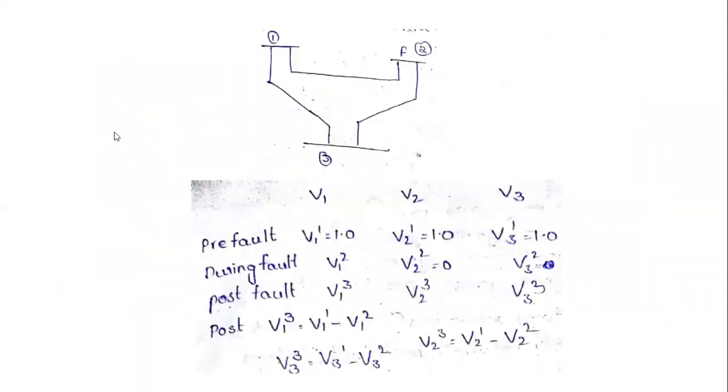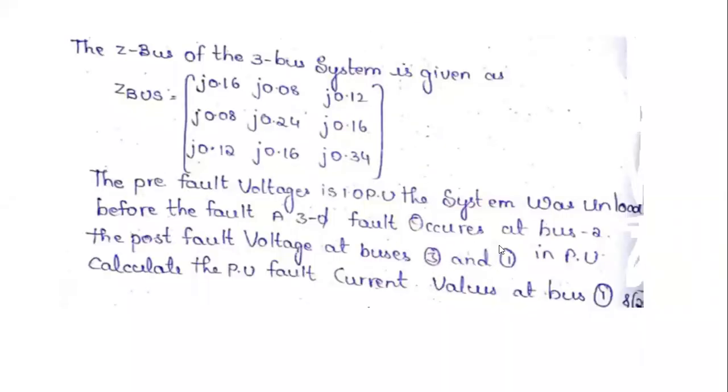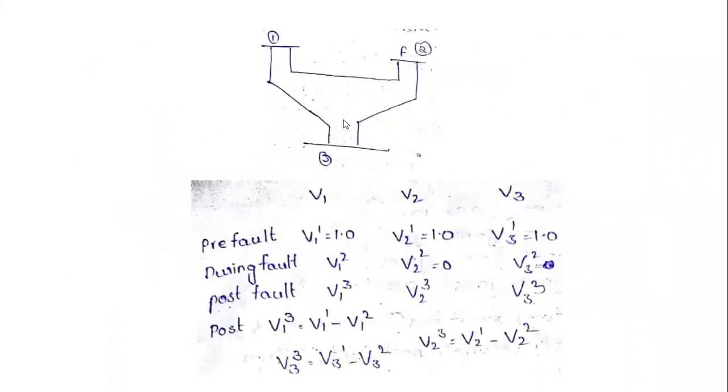Before solving the problem, first we can draw the single line diagram for that system. We have 3 buses, 1, 2, 3, with connections from bus 1 to bus 2 and bus 1 to 3, and the voltages V1, V2, V3.